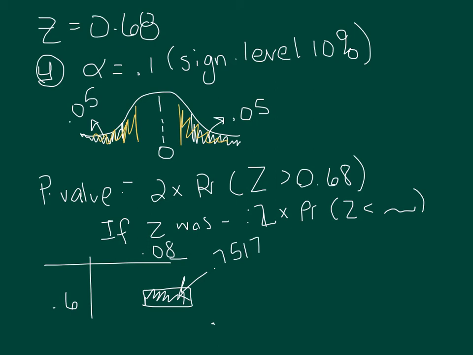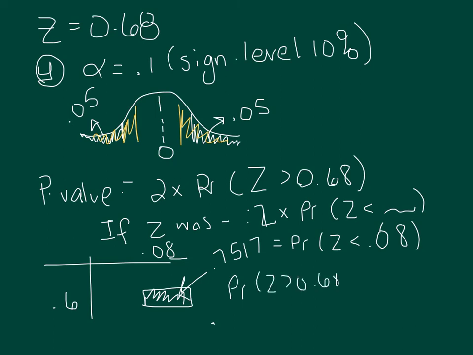So now you're going to take that and put it here, but be careful, right? This is the probability that z is less than 0.68, because the table shows us less than values, not greater than values. So what we need to do is convert that to the probability that z is greater than 0.68.